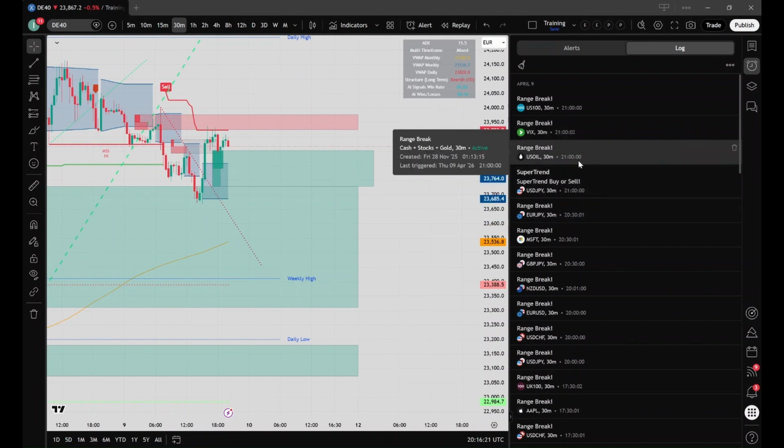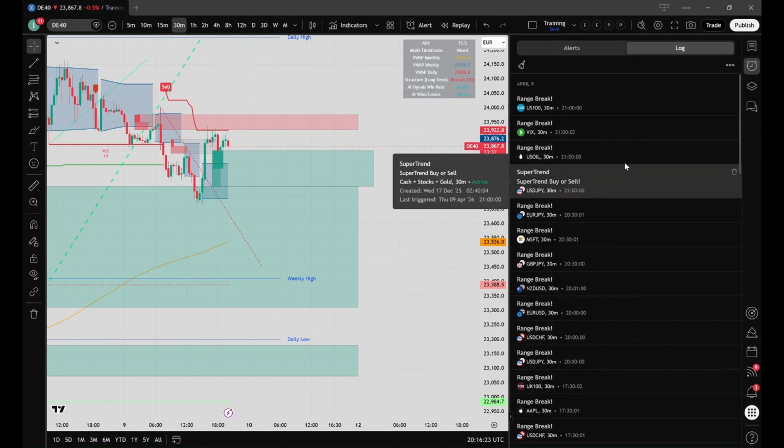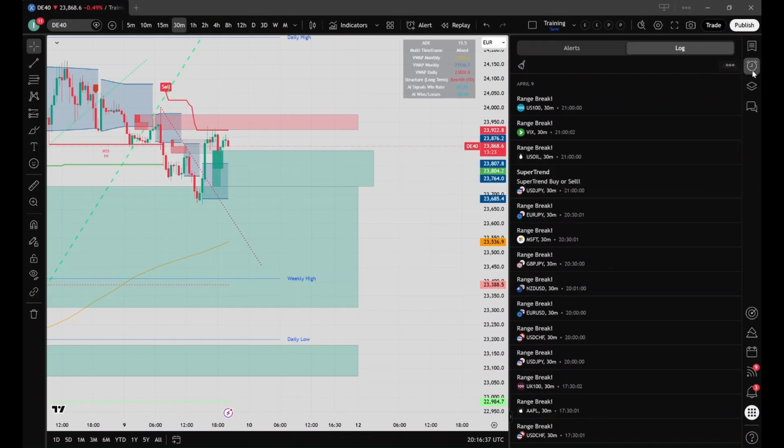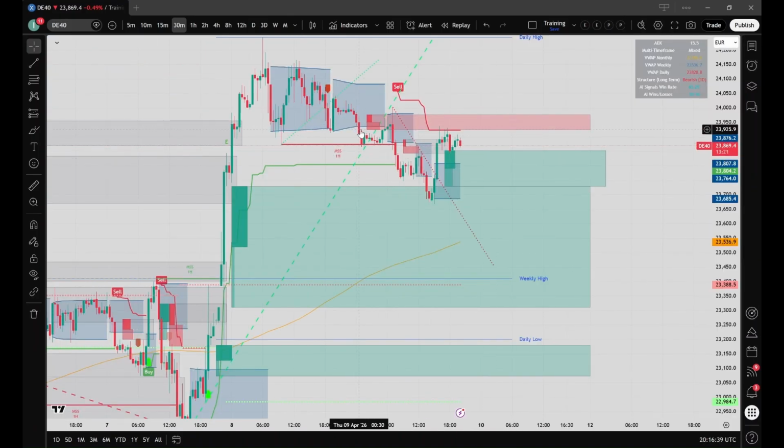So you're sensible enough to know not to open a trade at 9 p.m. UK time, which would be the time for New York market close, or late New York session. I don't need to explain that part, but back to the trade.